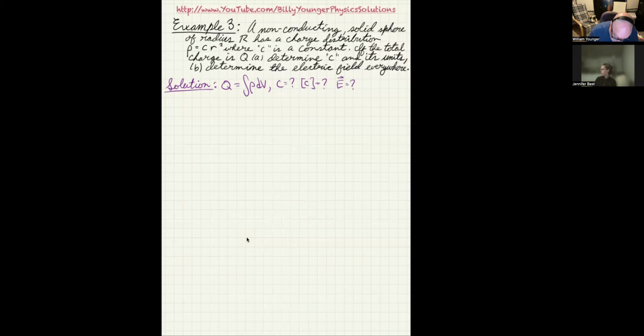I'm going to start off with part A, and I'm going to say Q is equal to the integral of rho dv, and we're going to have a spherical distribution of charge again. So let me draw my coordinate system.